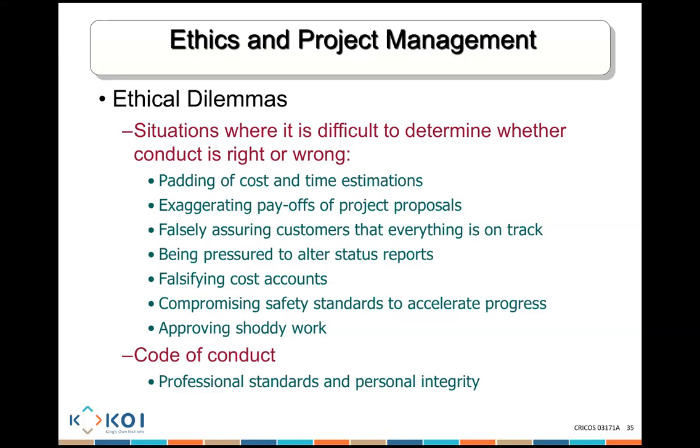Falsely assuring the customer that everything is on track while it's actually not. Being pressured to alter a status report by, let's say, the CEO. Falsifying cost accounts so that people don't see that you're going over budget. Ignoring the safety standards in order to get the progress that is needed. Approving work that does not actually meet the quality.